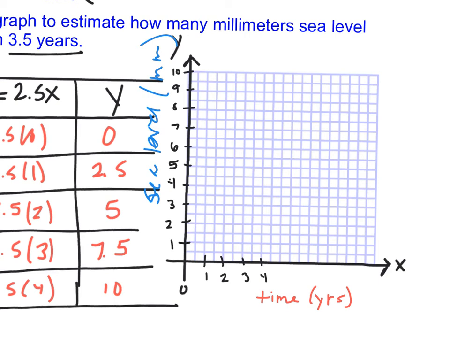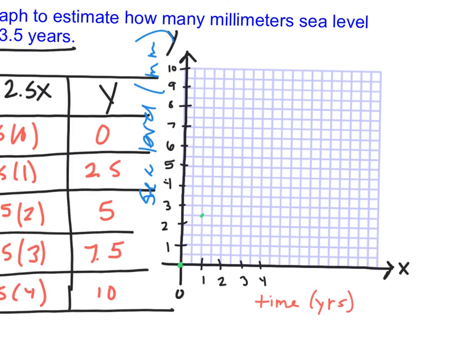Okay, now we're going to plot our ordered pairs. So when our input was a 0, our y was a 0. So that's just right here at the origin. When our x was a 1, our y was a 2.5, so that's going to be right there. When our x was a 2, our y was a 5. When x was 3, y was 7.5.